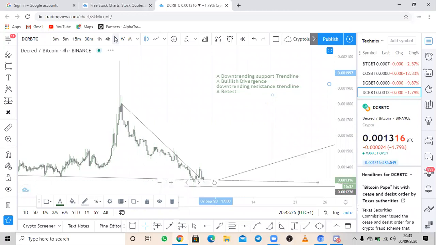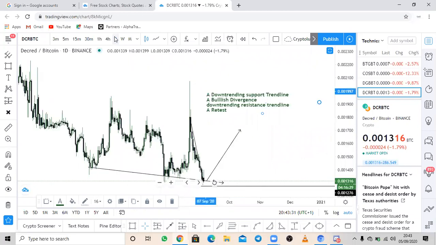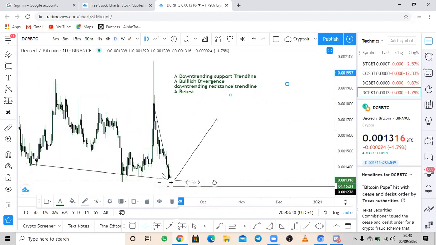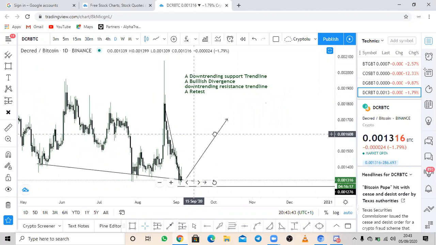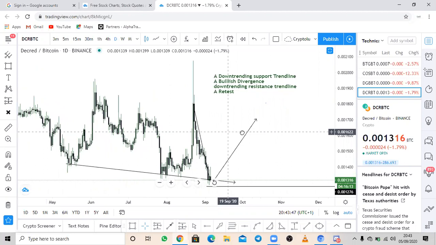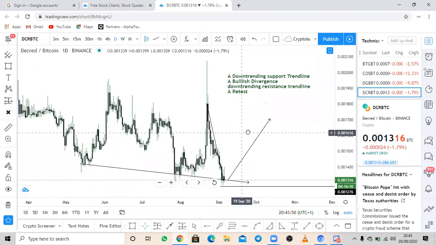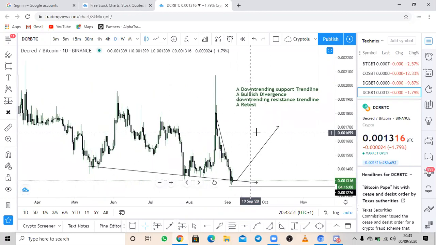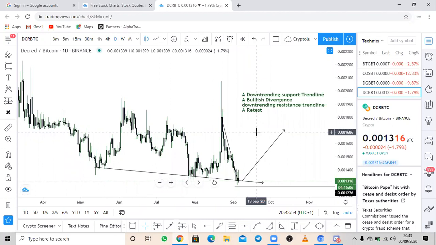Okay, so these things are very straightforward. No need to complicate anything. Just do your analysis. But one advice I would give you is, even if you be acting on these analyses, try and wait till tomorrow. So we'll see how today's candle will close.